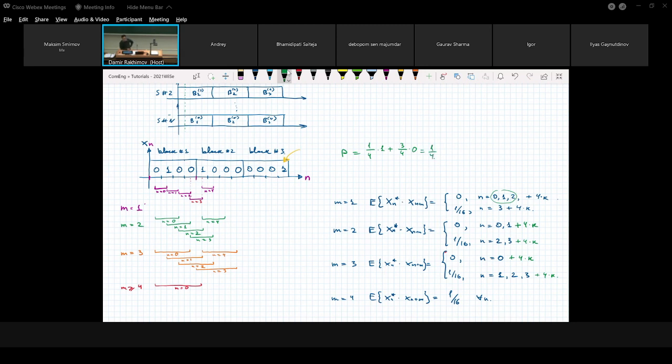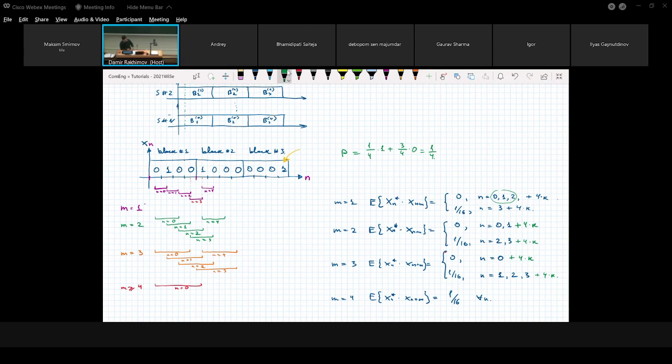But then what's the probability that two independent symbols are both non-zero? We just take the probability for the first symbol that it is not equal to 0, and the probability that the second symbol is also not equal to 0.